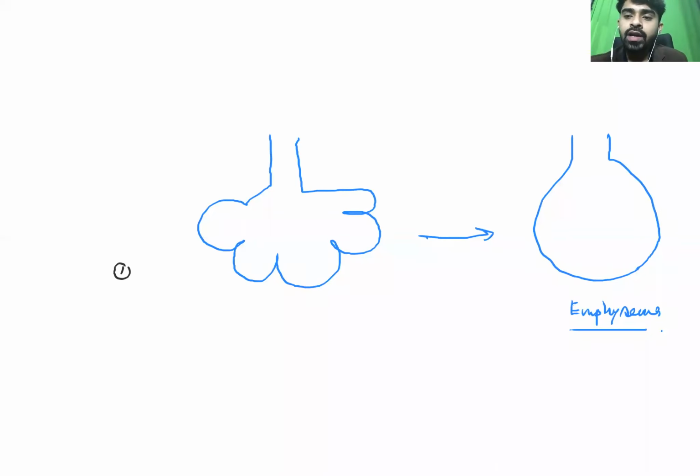Second MCQ is that, can you tell me the name of the cells which help? But I have skipped one area. This is the basement membrane of the alveoli. Follow me. If this is the basement membrane of the alveoli, can you tell me what is this? At least tell me which type of cell.